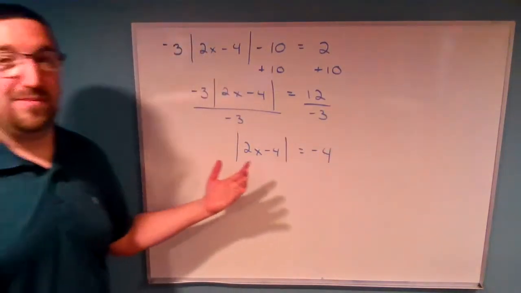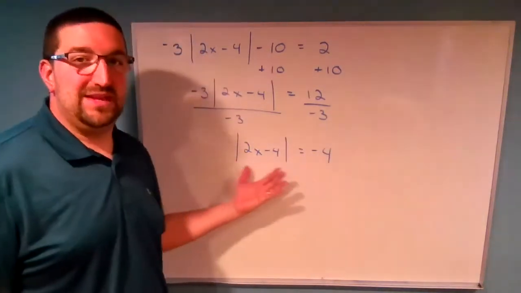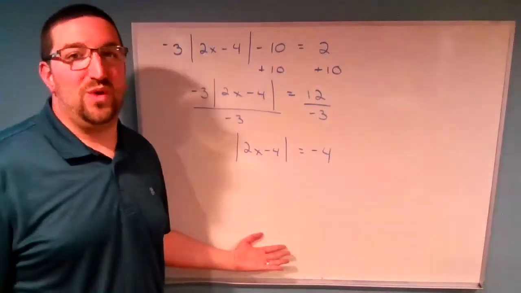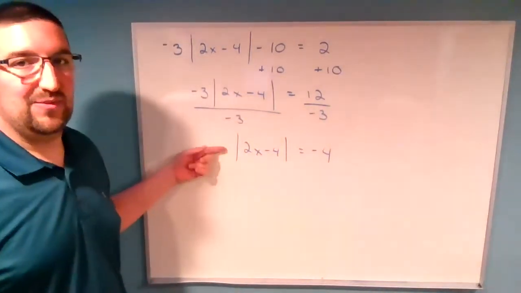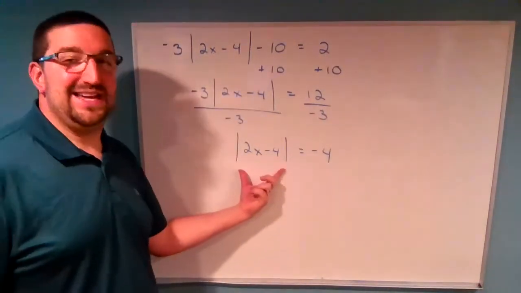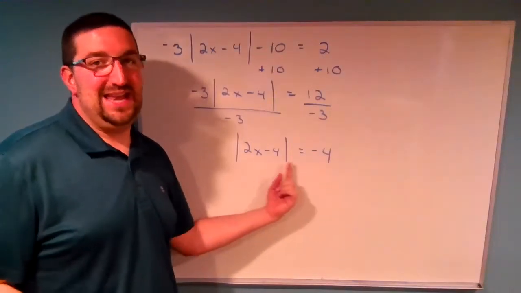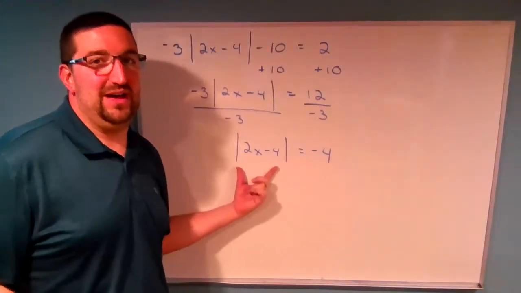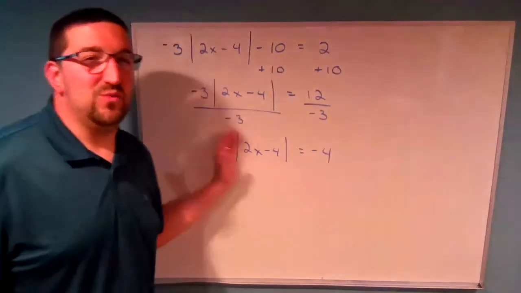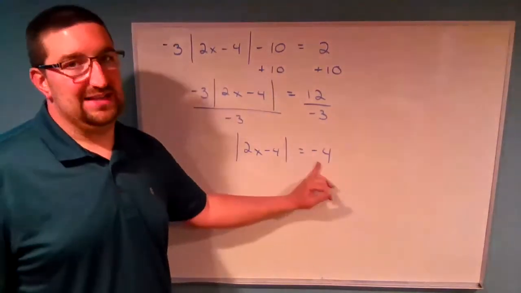Okay. Now, I see this all the time. From here, people just continue on, right? Remember that thing that we always have to look for. When we isolate our absolute value, is it possible to get a negative output of an absolute value? No, an absolute value must always equal a positive number.